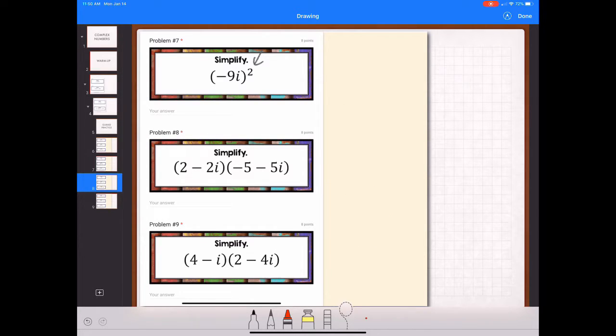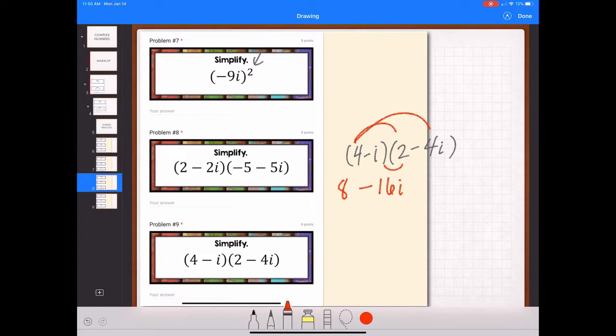Okay, so problem number 9, I have 4 minus i times 2 minus 4i. You're going to distribute. That's going to give you 8. Distribute. 4 times negative 4 is negative 16 with an i. Underneath, negative i times 2 is negative 2i.